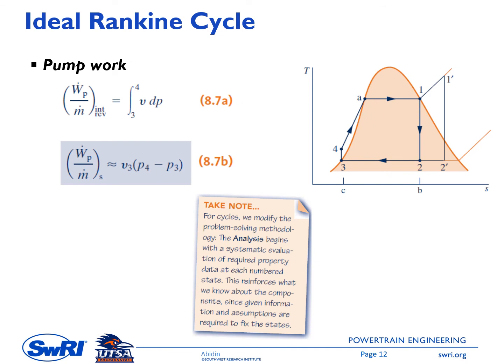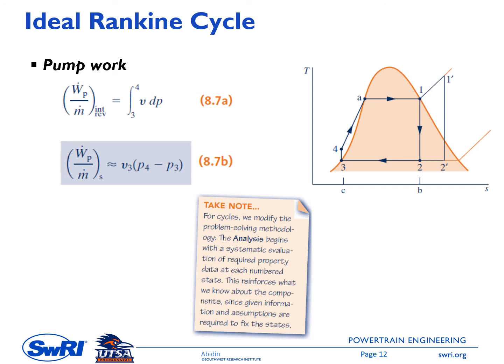Next, for an internally reversible process, in this case the process occurring inside the pump, we can use correlation 8.7a to estimate the power required by the pump.